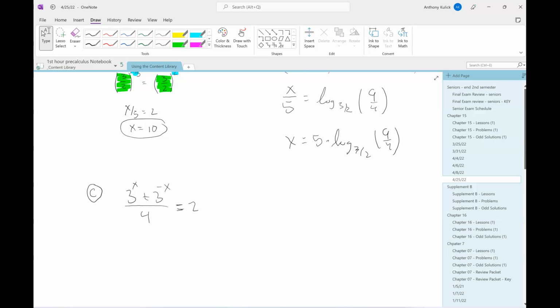So we have 3 to the x plus 3 to the negative x, divided by 4 equals 2. Lots of scary things in this. What does your instinct tell you is the first thing to do?